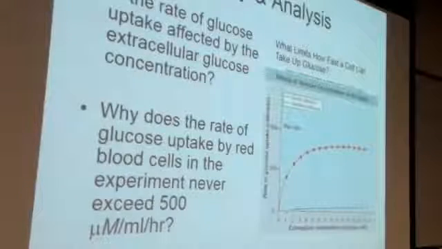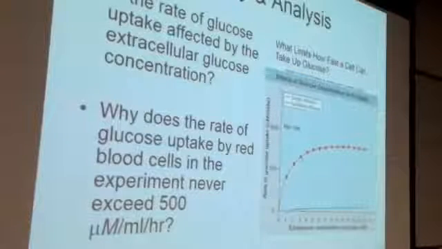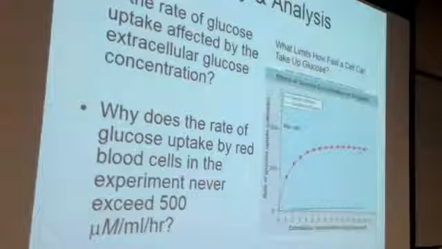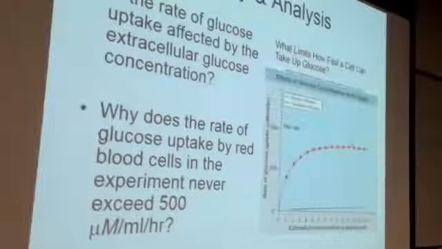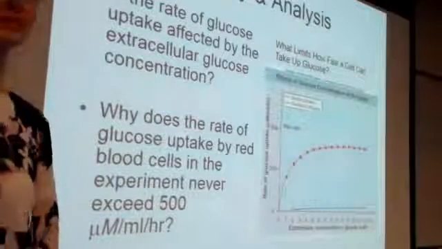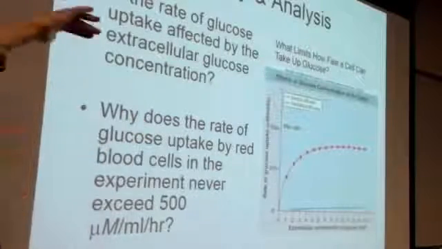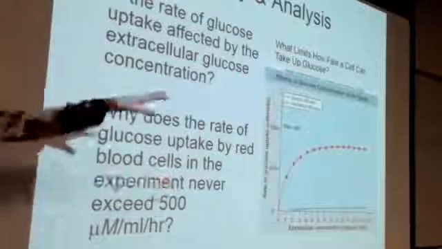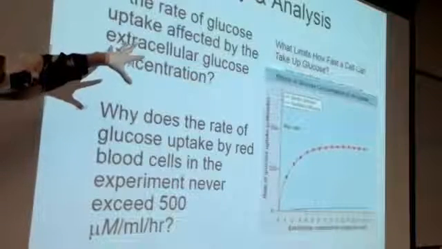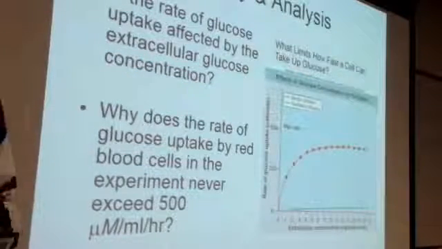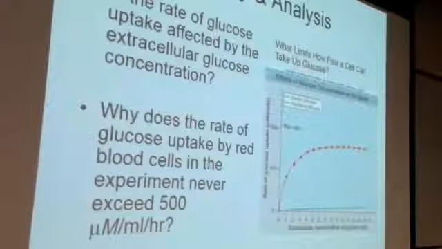This just shows the rates of exchange. At some point, it's going to taper off because for any pump or for any other protein that might be facilitating diffusion, if they're all busy, that's when it's going to taper off. So here what they were looking at is how fast is the uptake for glucose. Well, it's going to increase as the concentration outside increases.